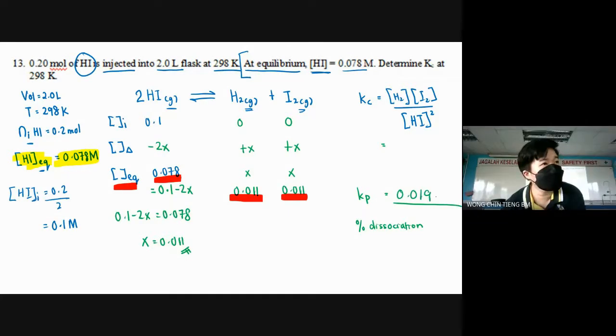Setuju saya? Okay. So that is the KP value calculated. Your KP I believe somehow adalah sama dengan KC kamu. Because the delta N calculated is equals to 0.